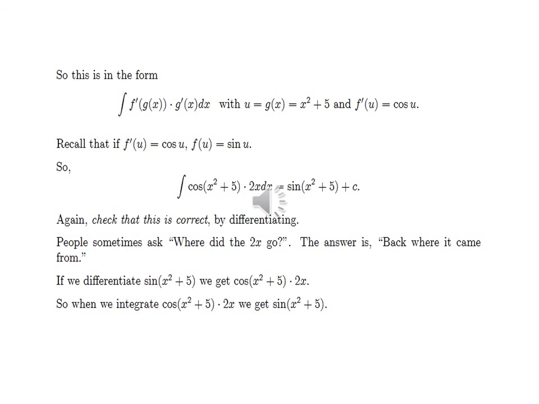If we differentiate sine (x to the power 2 plus 5), we get cosine (x to the power 2 plus 5) multiplied by 2x. So when we integrate cosine (x to the power 2 plus 5) multiplied by 2x, we get sine (x to the power 2 plus 5).